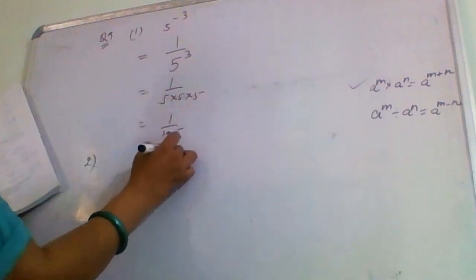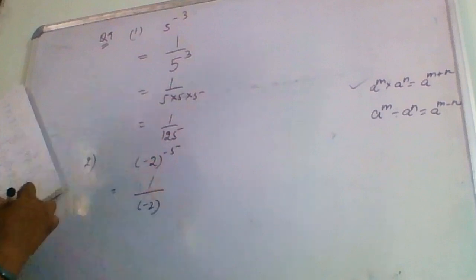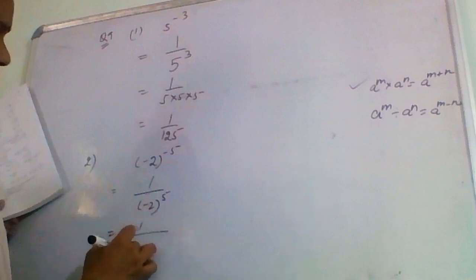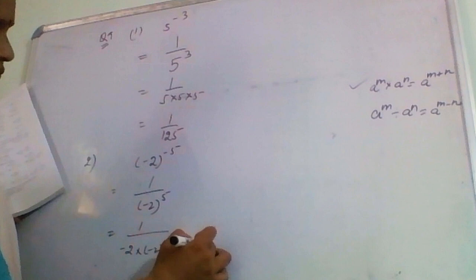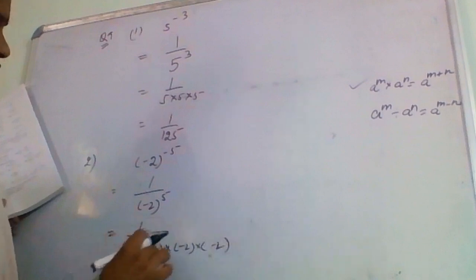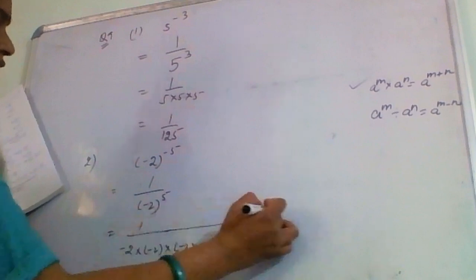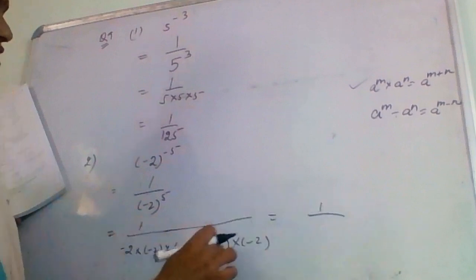What about the second question? Minus 2 raised to power minus 5. So minus 2 comes in the reciprocal. And then now expand, 1, 2, 3, 4 and 5. Now simplifying, the answer will be 1 by 2, 4, 8, 16, 32.